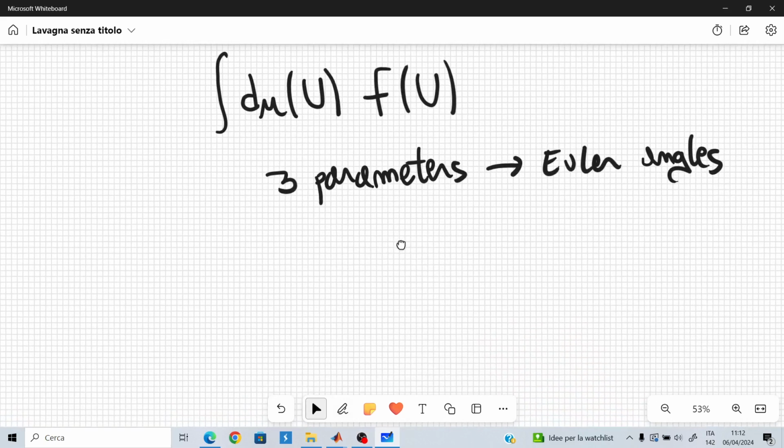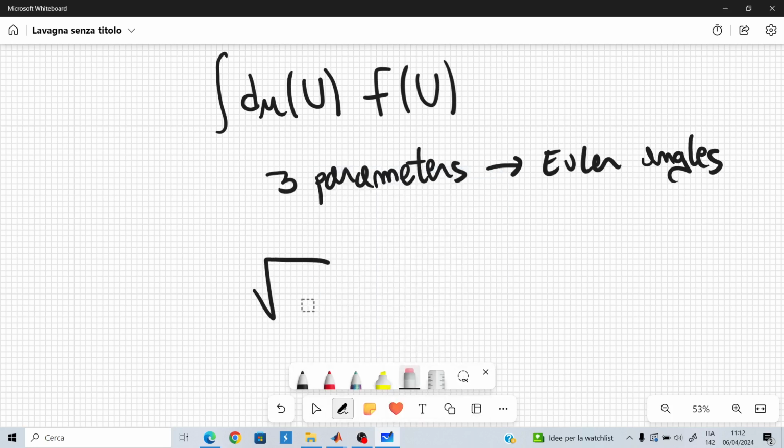Well, in order to do that, you can remember, for example, from general relativity that when we have to integrate some function, we have an invariant volume element of the kind square root of minus the determinant of a certain metric, which is the metric tensor. So we take the determinant of that, the square root of minus g. The minus sign comes from the fact that the determinant g is negative. So in general, this square root of minus g could also be written as the square root of the absolute value of g, if you want, because we want to get something positive.